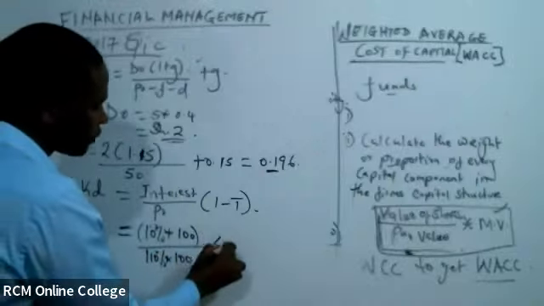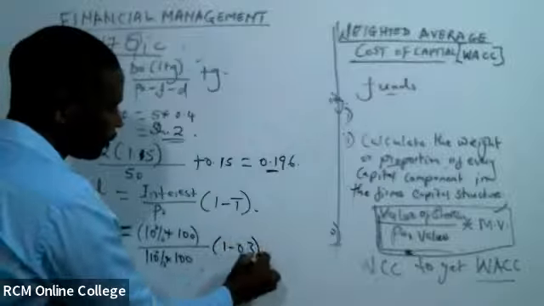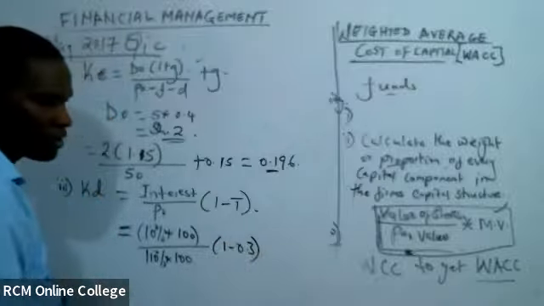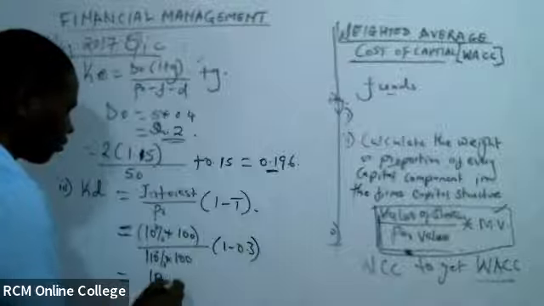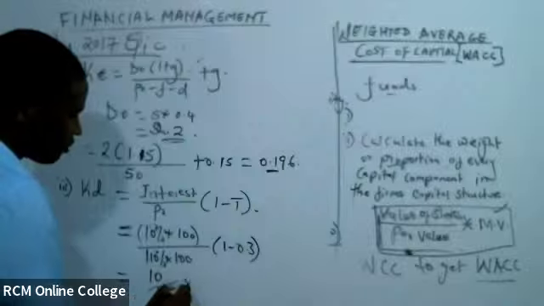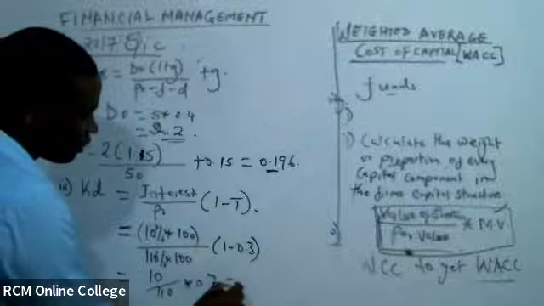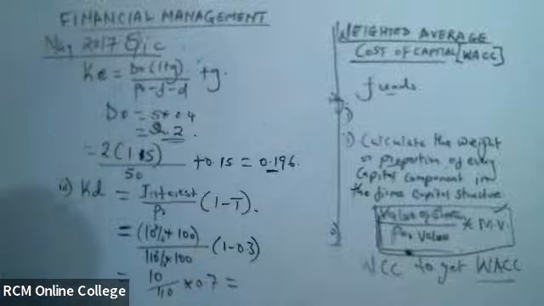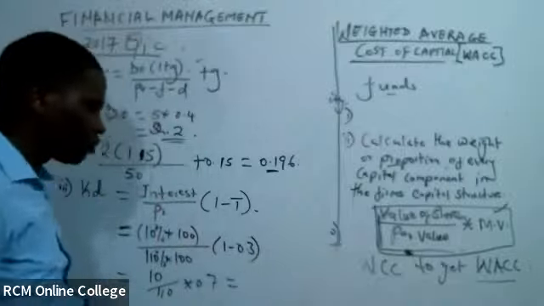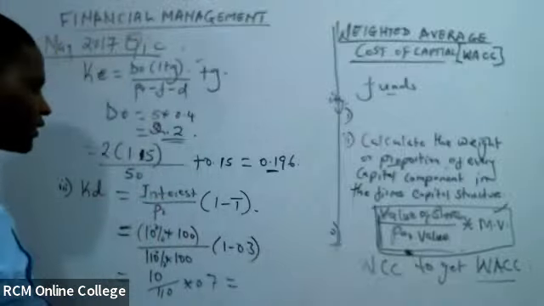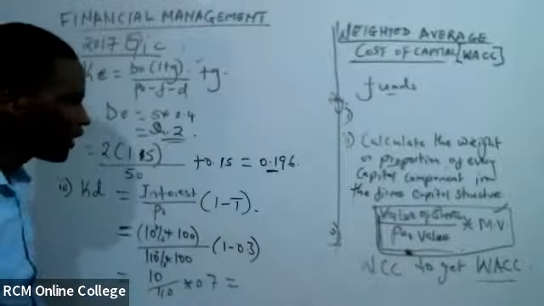And then we adjust for tax, 1 minus 0.3, where T represents tax. So in this case, I'll have 10 over 110 times 0.7. I know some have not understood where I got 0.7 from. I've just taken 1 minus 0.3. You give me now the KD.